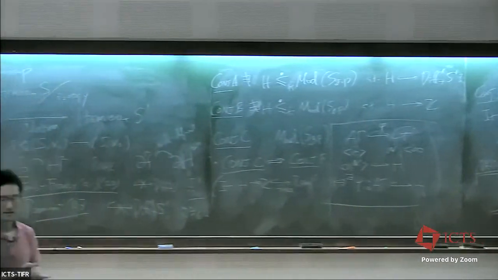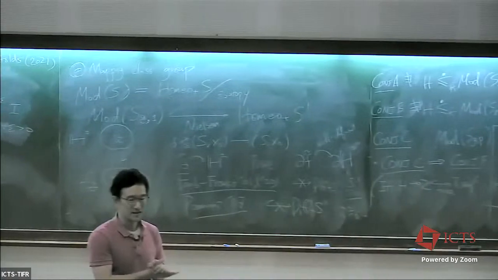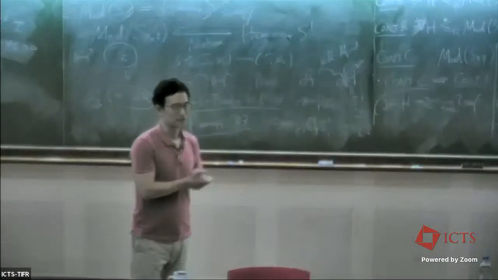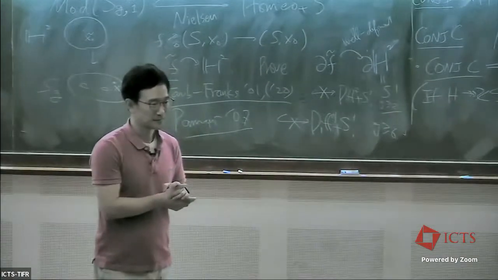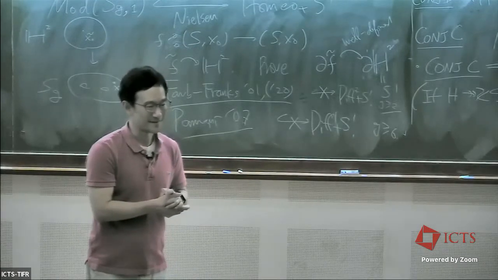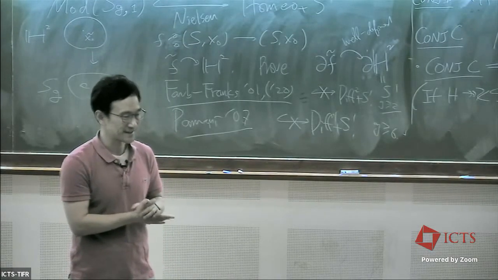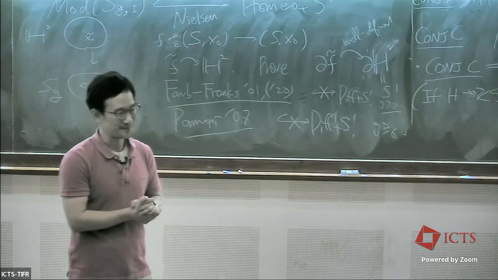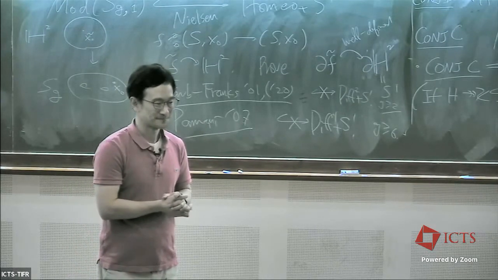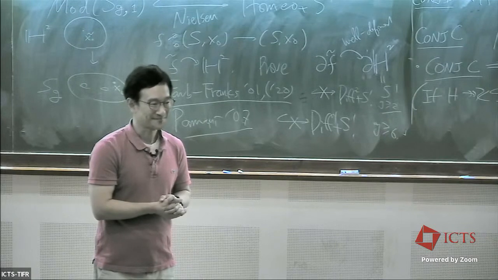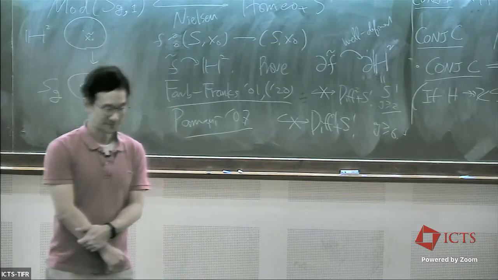And there's an outstanding conjecture that it cannot even embed into Diff^1 of the circle. I have no idea, but to be safe, the conjecture is that Diff^1 is not even possible. So I'll stop here, thank you.